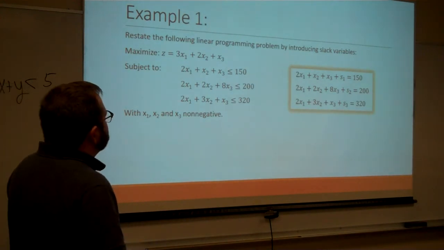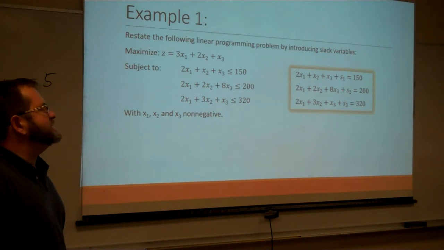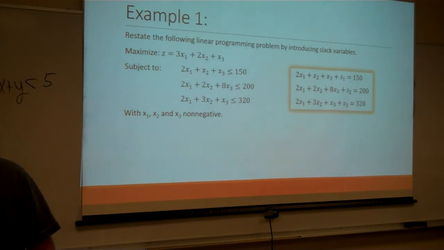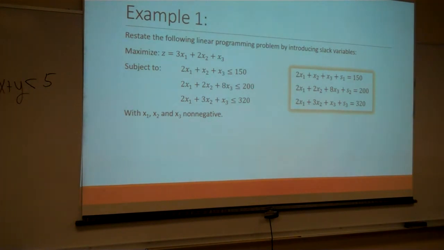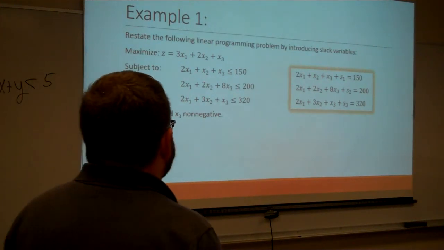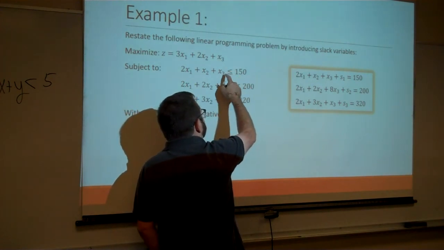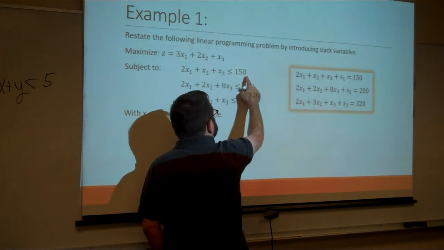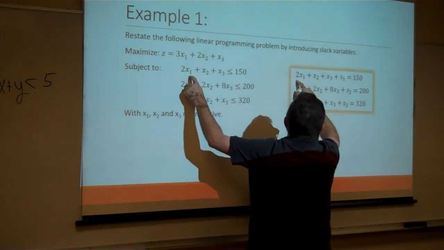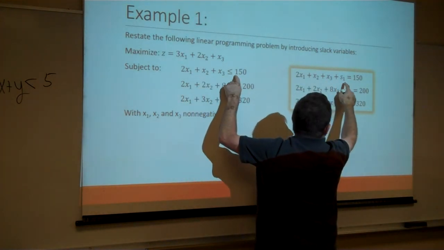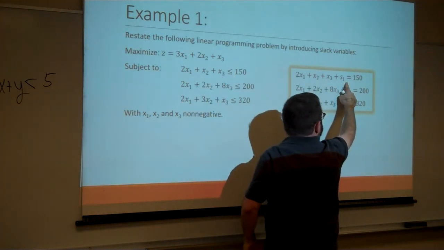So, when we change these inequalities into equations so that we can do something with matrices and stuff like that, we have 3 inequalities. Each one takes a slack variable added to it. I just took the same equation, but instead of an inequality, I added slack variable 1.